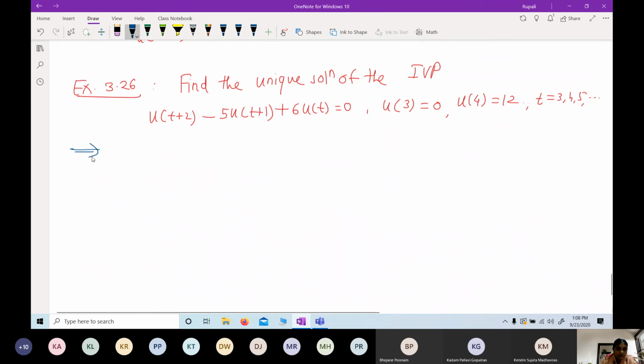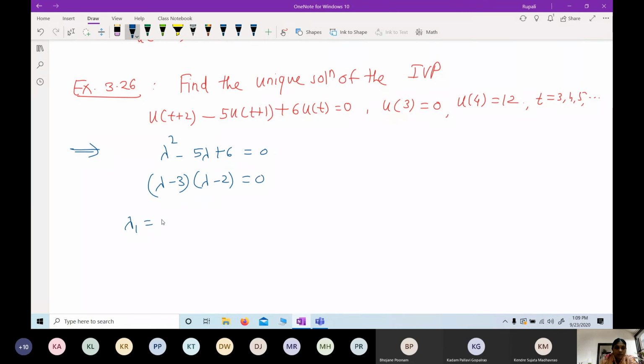I'll write. So the characteristic equation is lambda square minus 5 lambda plus 6 is equal to 0. So (lambda minus 3)(lambda minus 2) is equal to 0. So lambda 1 is equal to 2 and lambda 2 is equal to 3 are the characteristic roots.